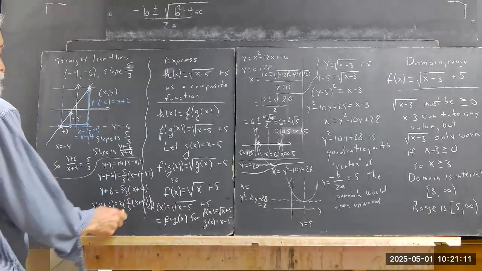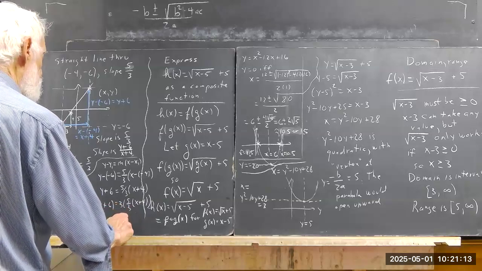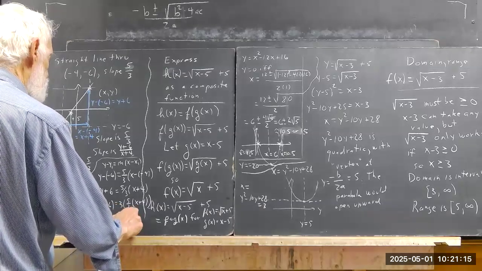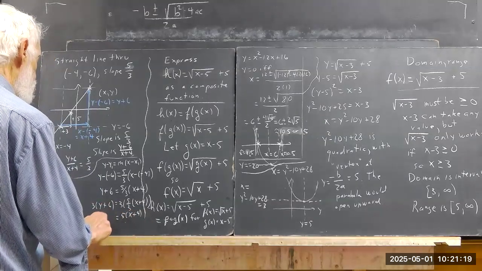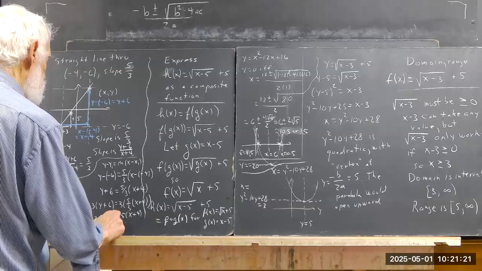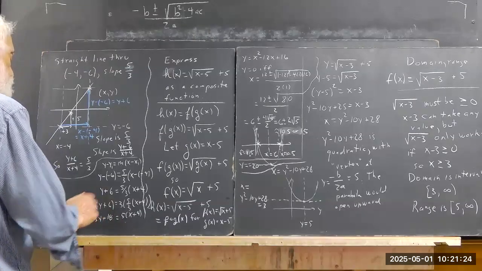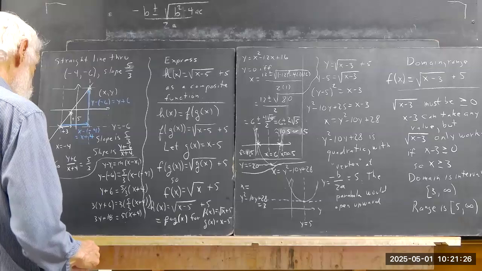And it's obvious what we get. The 3 here divides the 3, so we have 5 times x plus 4. Here we have 3y plus 18. Be sure we use the distributive law carefully.